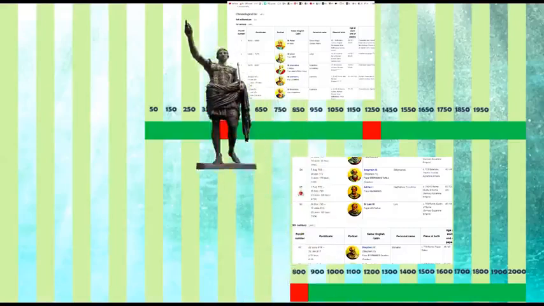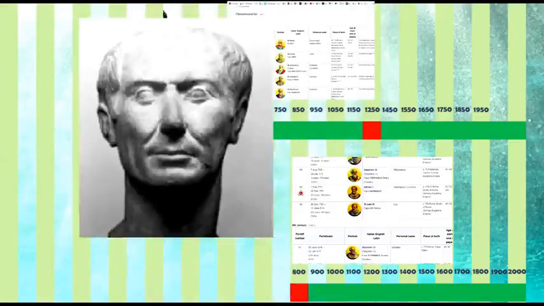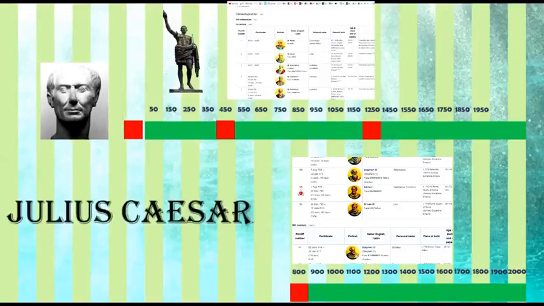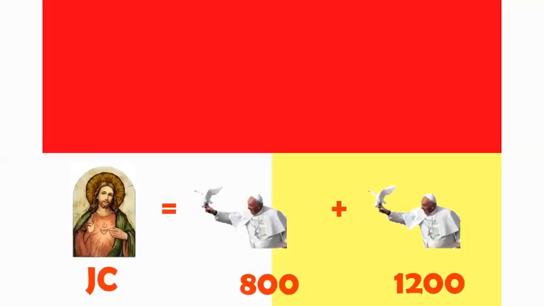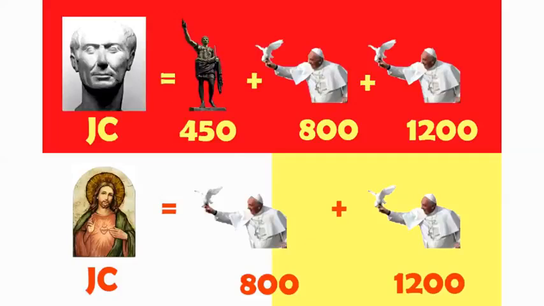That means you have 450 years of Roman emperors. And that brings us to Julius Caesar. In the first timeline, the year 0 is Jesus Christ. In the other timeline, the year 0 is Julius Caesar.